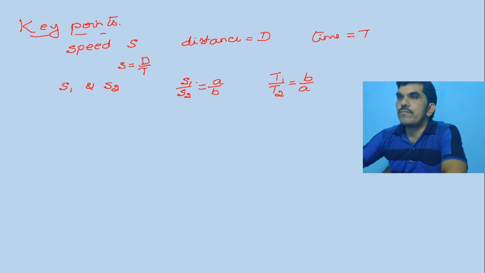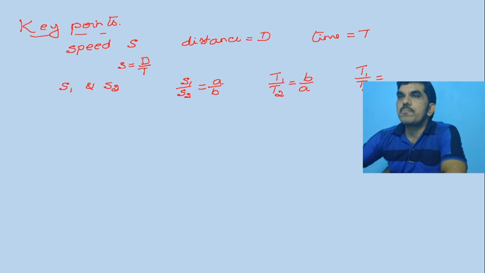So if two objects are moving at speeds s1 and s2 in the ratio a by b, then the time taken by the two objects to cover the same distance is in the ratio b by a. How is this? So t1 by t2 equals, what is t1?